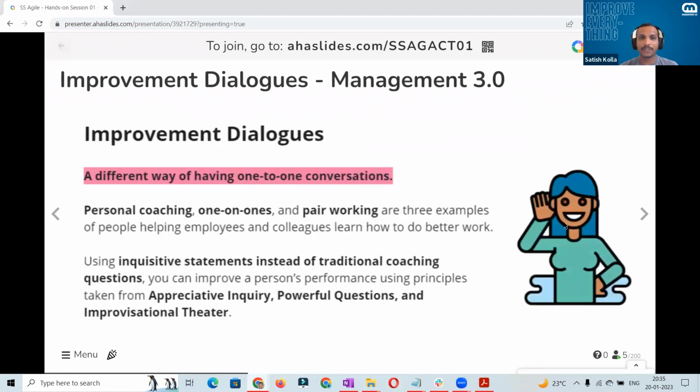The improvement dialogues. As a coach, I am more used to having coaching conversations. Mentoring is different. Whenever I have a coaching conversation, I start asking questions. My role is to help the coachee come up with a solution on their own by asking powerful questions.